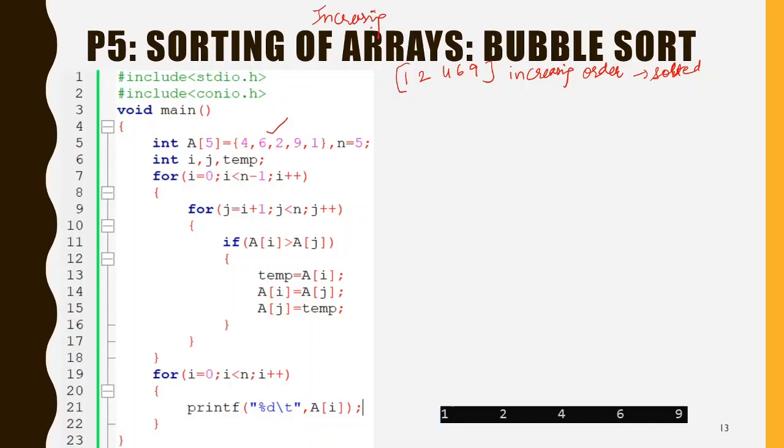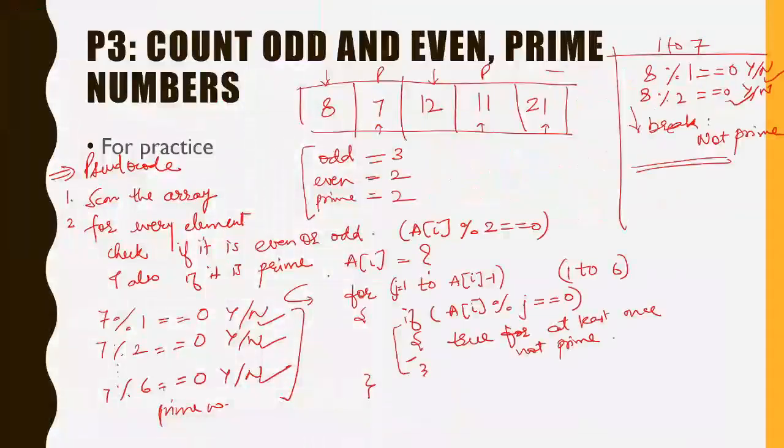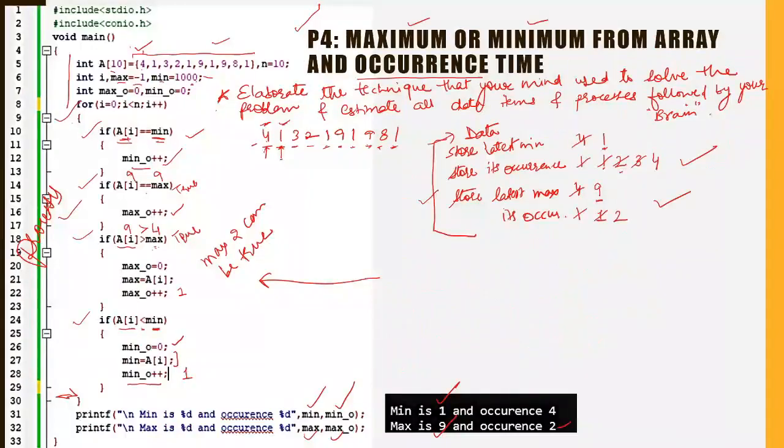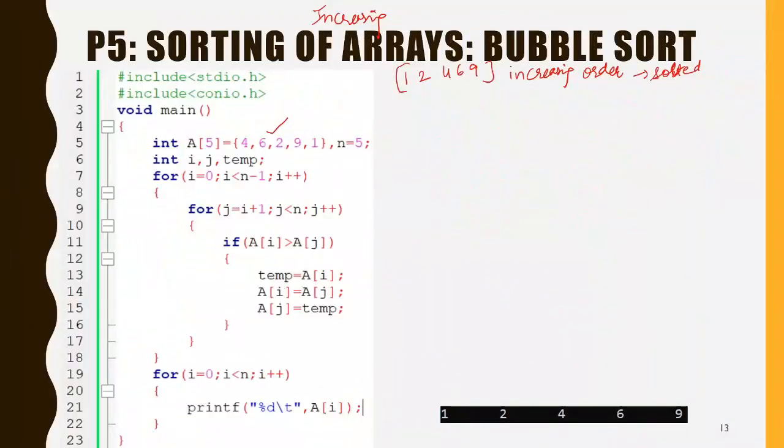For increasing order, follow the same trick that I have told you: elaborate the technique of how your brain does this. Ask your brain: 4 6 2 9 1, is it able to identify the output from this? I am sure that your brain can analyze this and identify the output.